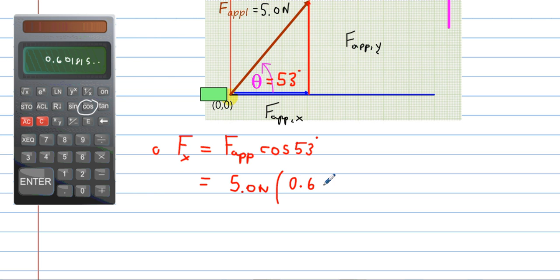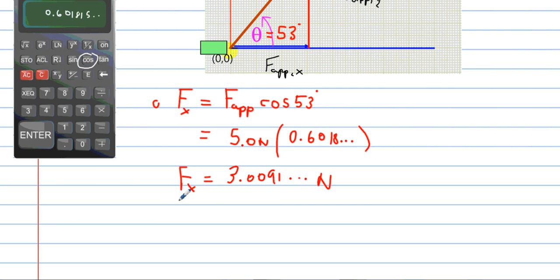So I will now replace cos of 53 and do my calculation, and therefore the magnitude of the force in the x direction, if I multiply that now by 5, I end up with 3.0091 as the force magnitude in the x direction.